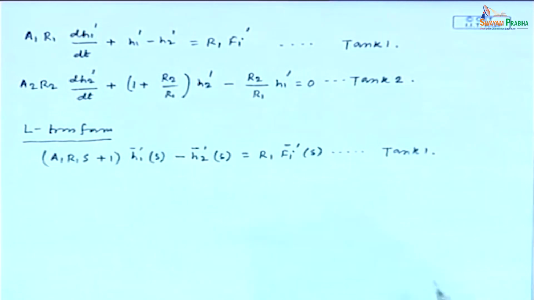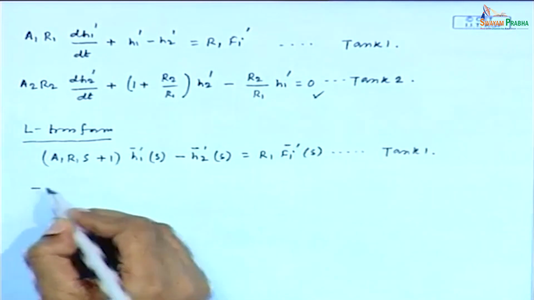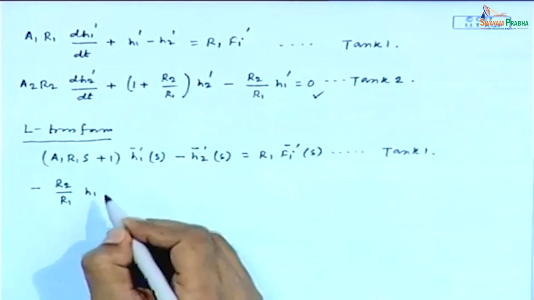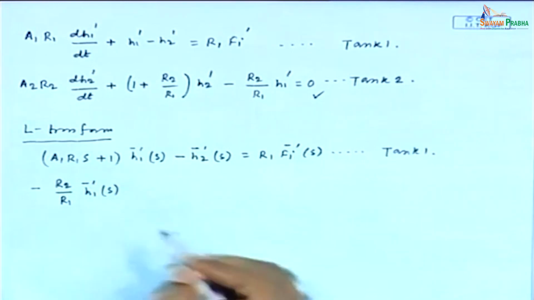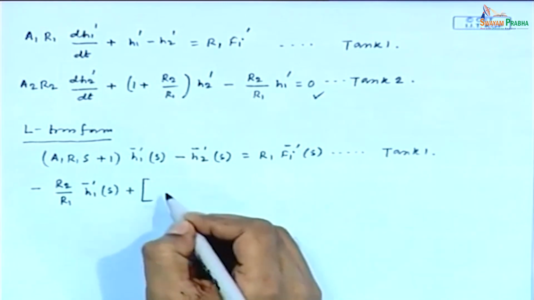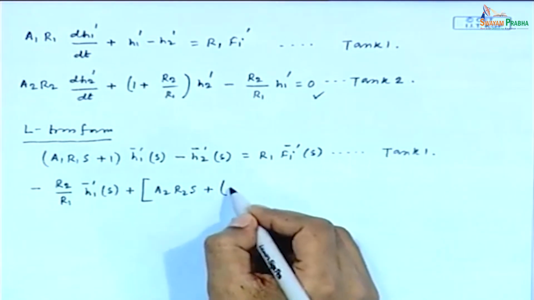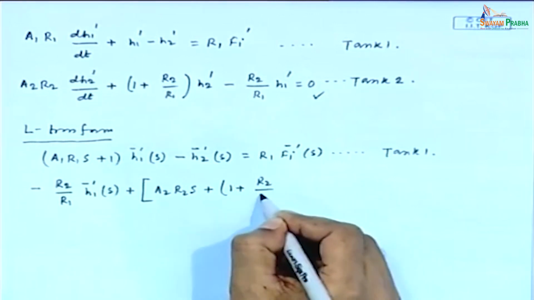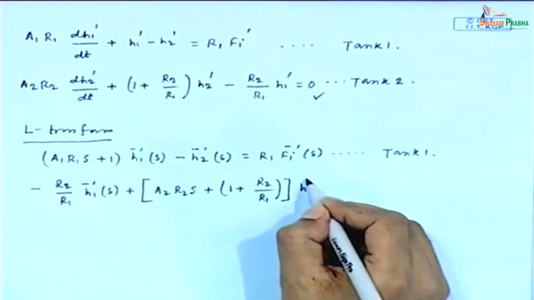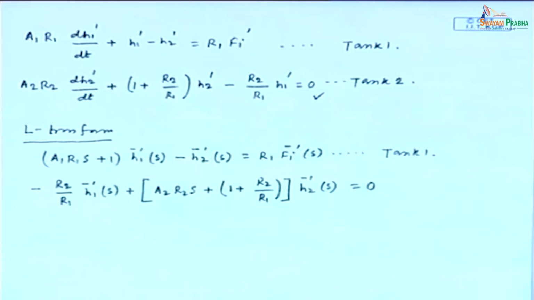Similarly, if we take the Laplace transform of this, we obtain minus R2 divided by R1 H1 bar prime S plus (A2 R2 S plus 1 plus R2 divided by R1) H2 bar prime S equals 0.